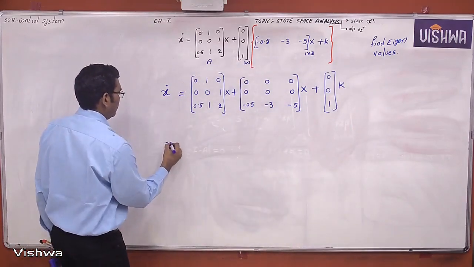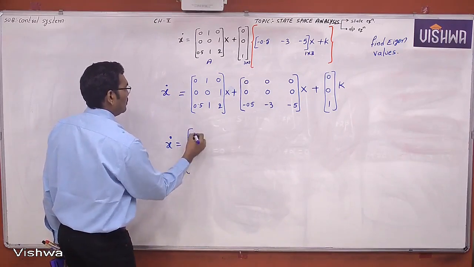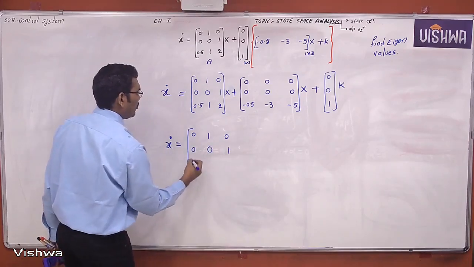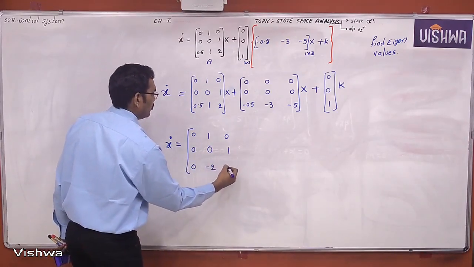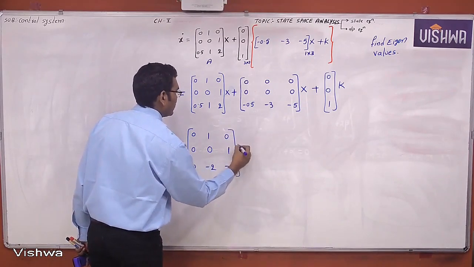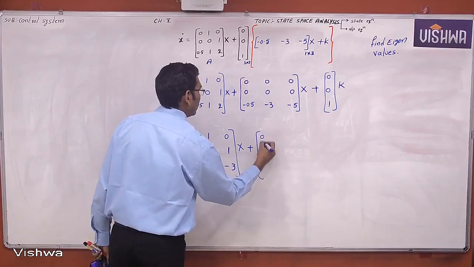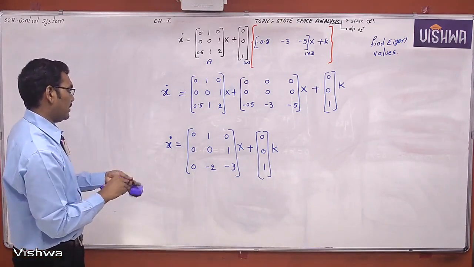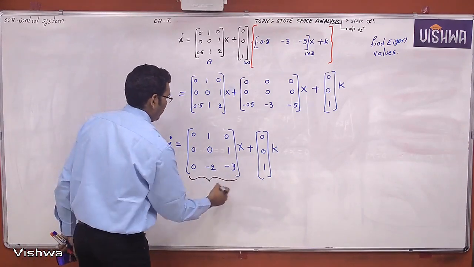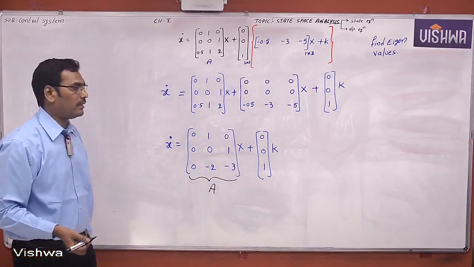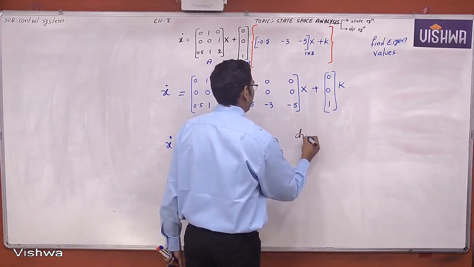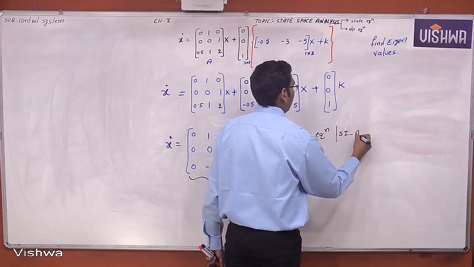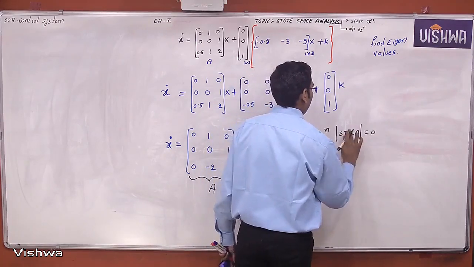So what is x dot? X dot is 0 plus 0, 1 plus 0, 0 plus 0, 0 plus 0, 0 plus 0, 1 plus 0, 0.5 minus 0.5, 1 minus 3, 2 minus 5 into x plus 0 0 1 into k. Now this is nothing but matrix A. Once the matrix A is given, you find the characteristic equation, which is determinant of sI minus A equal to 0.